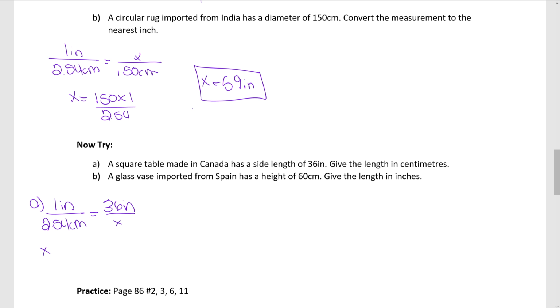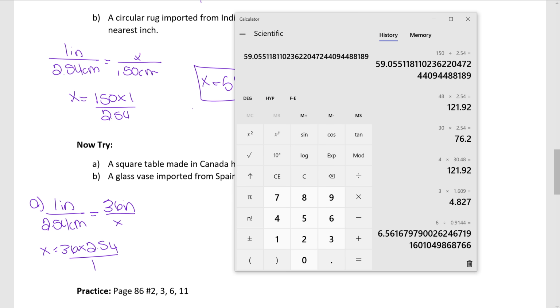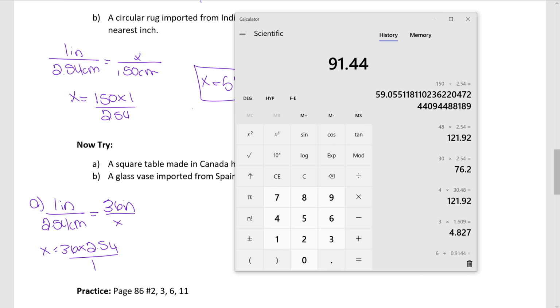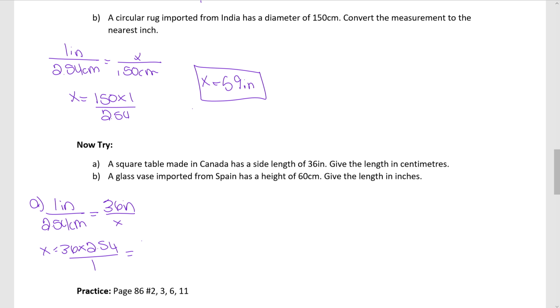So we get 36 times 2.54 over 1, for a total of 91.44 centimeters. So 36 inches is 91.44 centimeters.